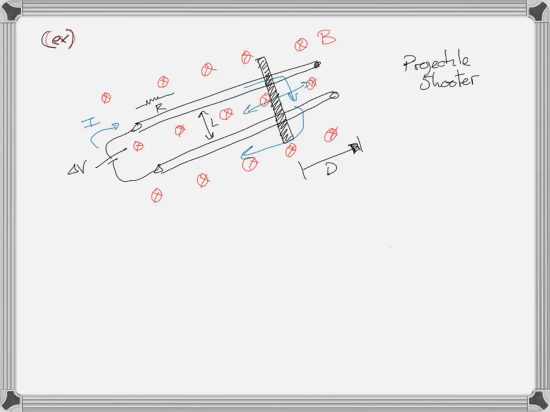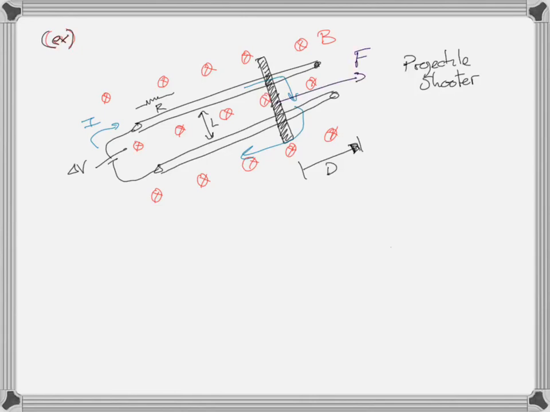So the first question I have is, what should the direction of the magnetic field be if what's pictured is the correct direction of potential difference of the battery? What direction should the current be? What direction should the magnetic field be if the current is in the direction as shown, in order to make the bar move to the right?